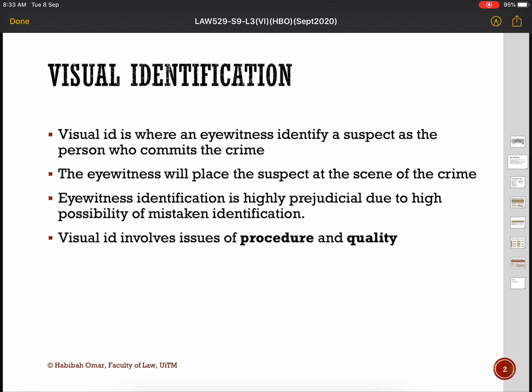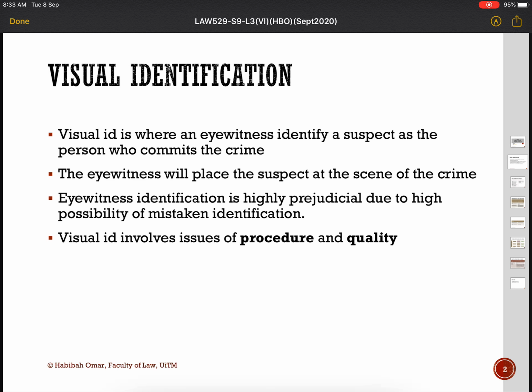The psychological impact of this encounter may have some significant effect on whether you are actually seeing the knife or the face of the person. Whereas in the context of visual identification, you have to identify the face of the accused person to be the one that actually attacked you on that night.